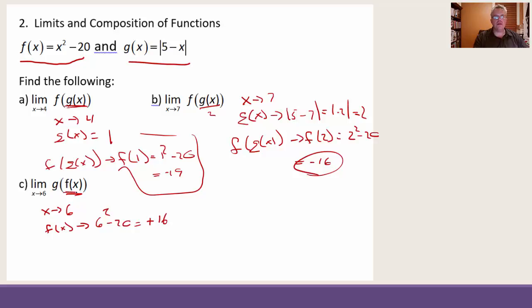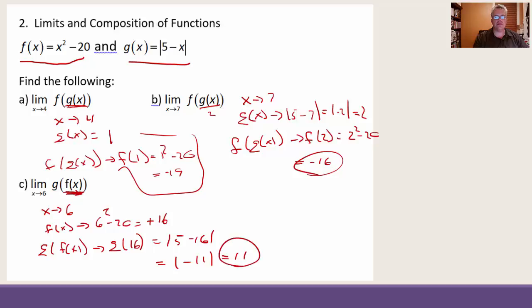So this quantity inside here is approaching 16. So the whole limit is approaching g of 16, which would be the absolute value of 5 minus 16, the absolute value of negative 11, which is 11.